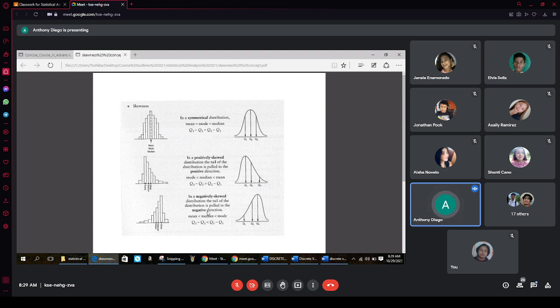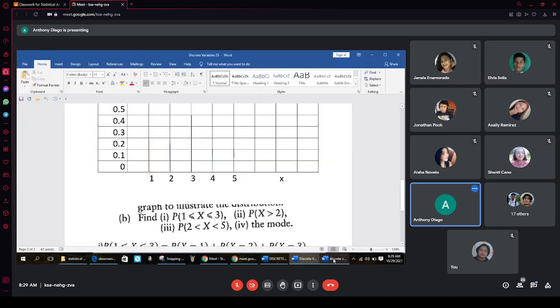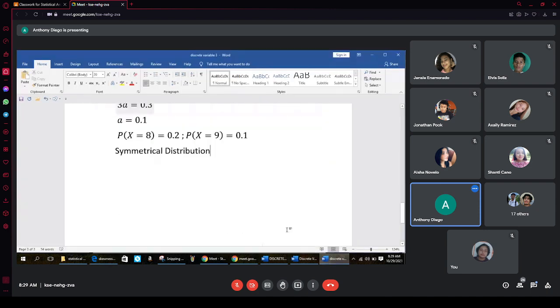And then this is a negatively skewed distribution or negative kurtosis. So this distribution will be a symmetrical distribution. Are there any questions?